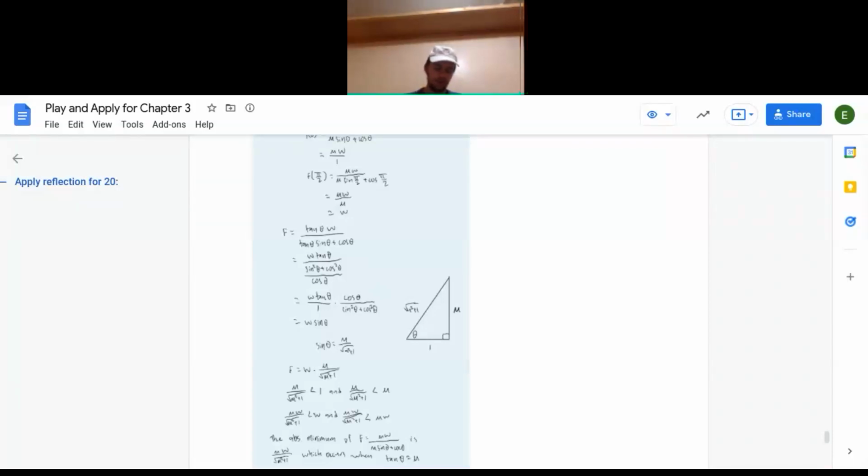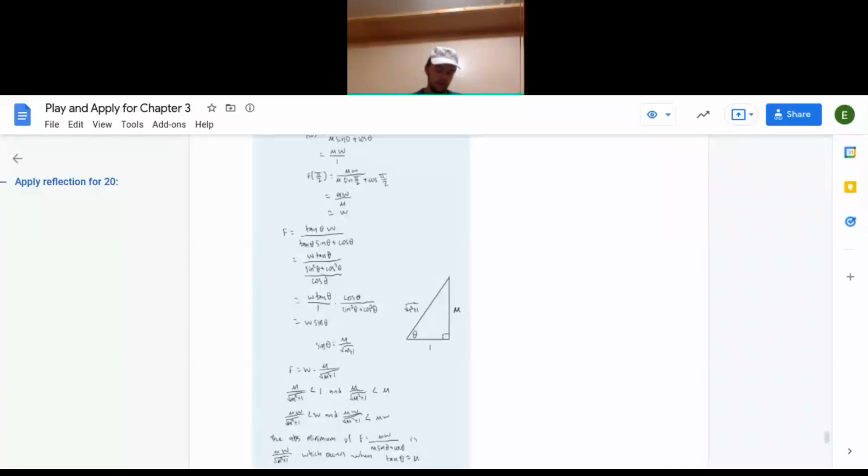Then you flip it and multiply the w tangent of theta by it, and it simplifies out to just being w sine of theta.